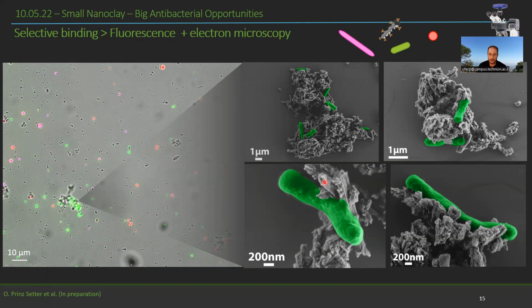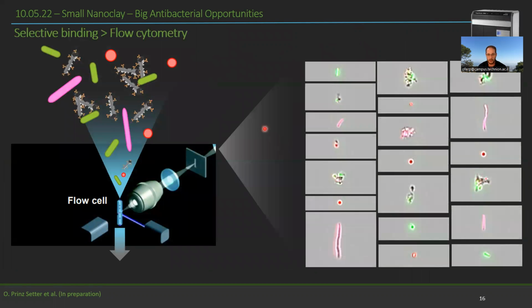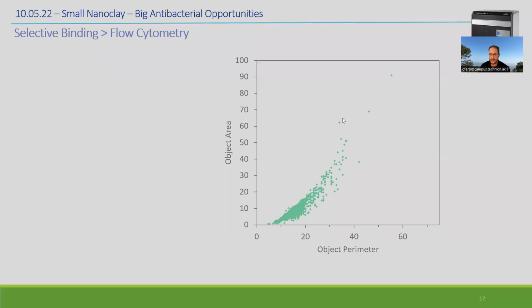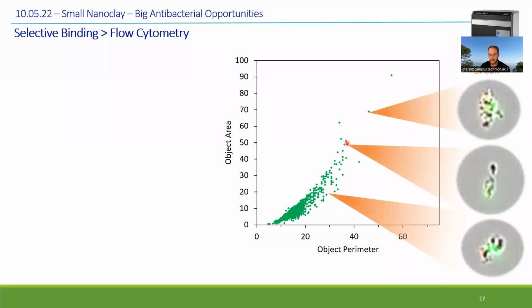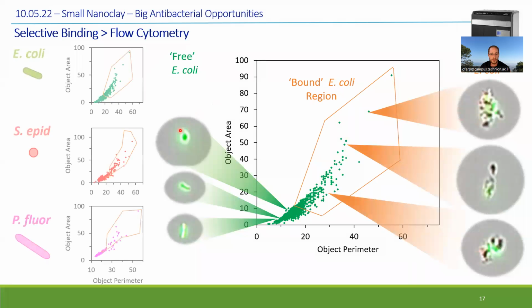For a more quantitative analysis, we utilized imaging flow cytometry, yielding tens of thousands of images of flowing, suspended objects, and now we need to differentiate between bound bacteria and free bacteria. This was done by image analysis. We could differentiate between bound bacteria and free bacteria. And these were counted for each bacteria type because they were all labeled with different colors.